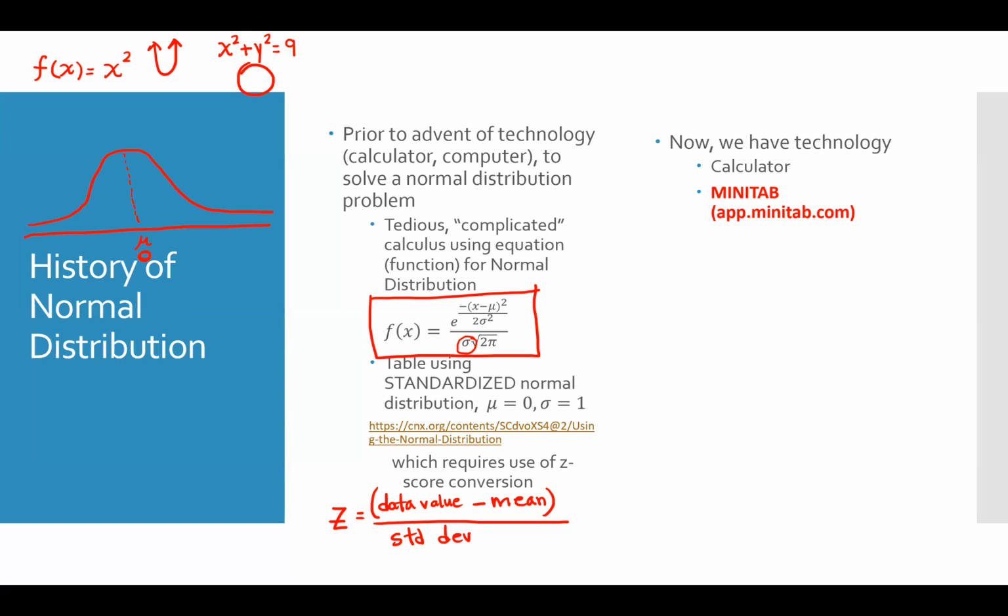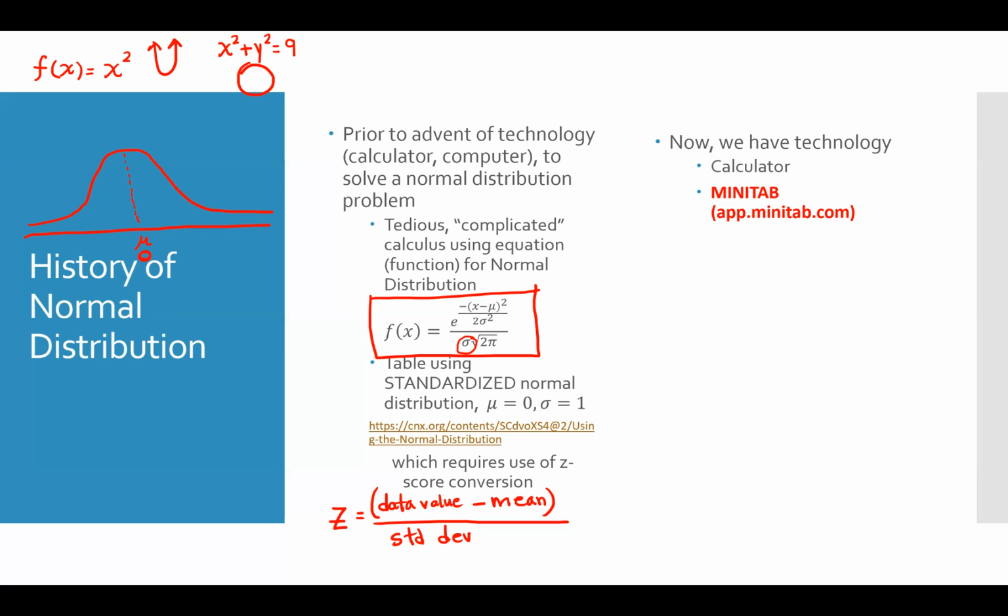We have the technology, and the computer is programmed with this crazy formula, and it does all the calculus and tedious calculations behind the scenes a whole lot faster than you and I ever could. So we're going to be using Minitab to work these problems.